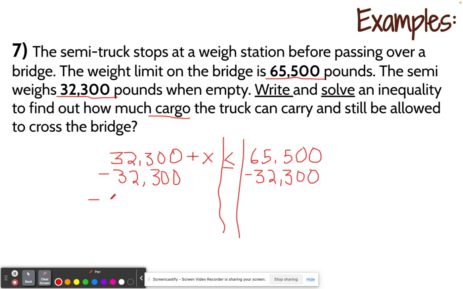And the maximum cargo this thing can carry is 33,200. Can carry a little bit more cargo than it weighs, right?